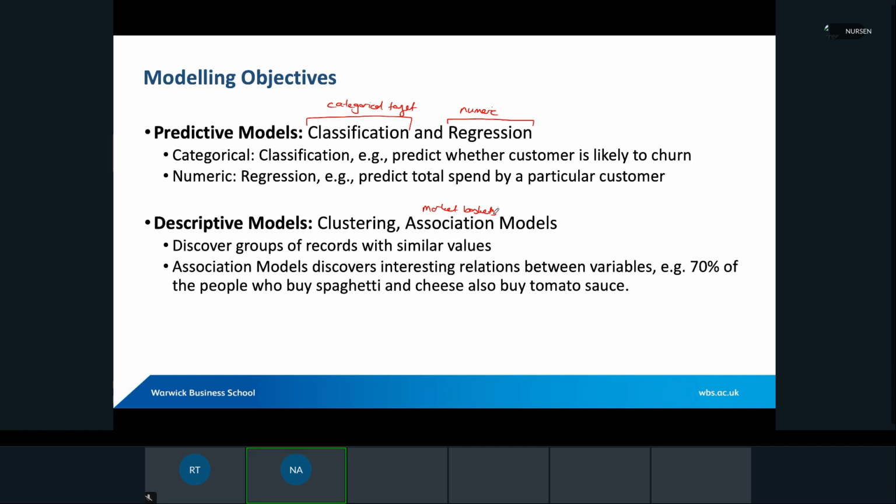So which products are most related, so that supermarkets organize their shelves accordingly. This is also widely used for web page design, how you should design your web page so that customers have more click-through. So how the features are actually related in the data. We are going to mainly focus on predictive models and classification, and in business statistics you will cover regression cases.